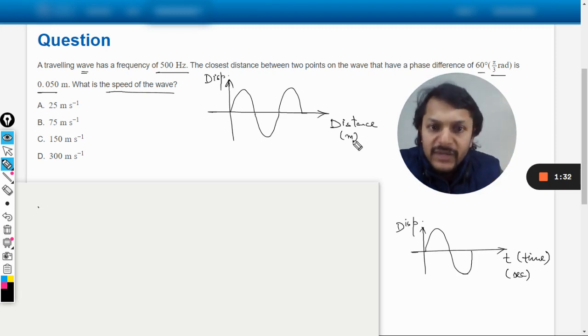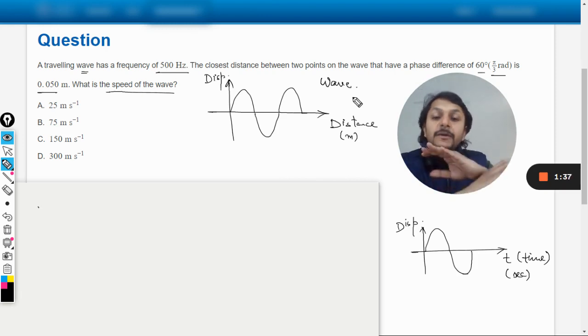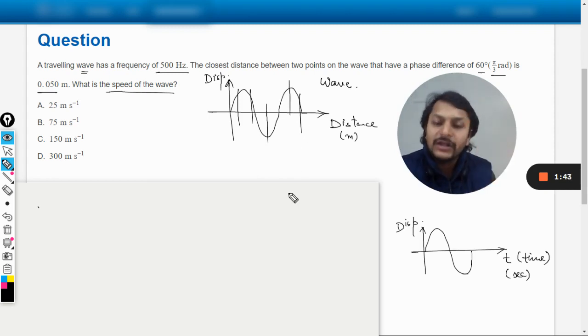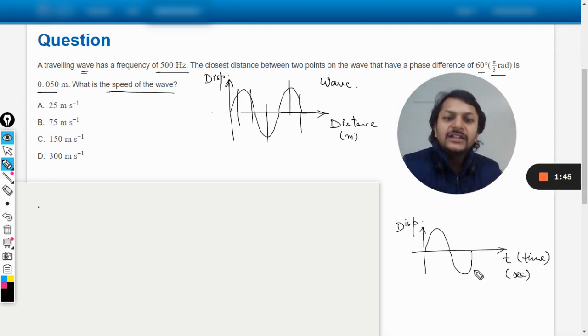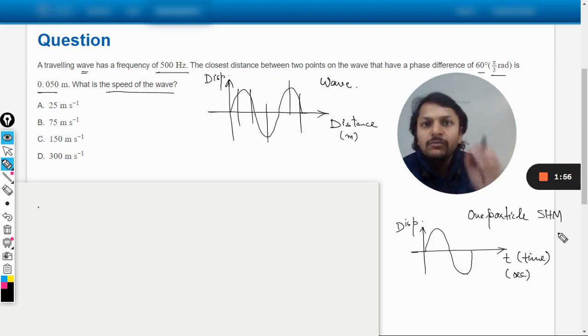So whenever we have meter on the x-axis, we are considering a wave, and we are considering many particles. At every position there is a different particle here. But when we consider this graph, where on the x-axis there is only time, we are considering only one particle, and we are considering the simple harmonic motion of that particle.